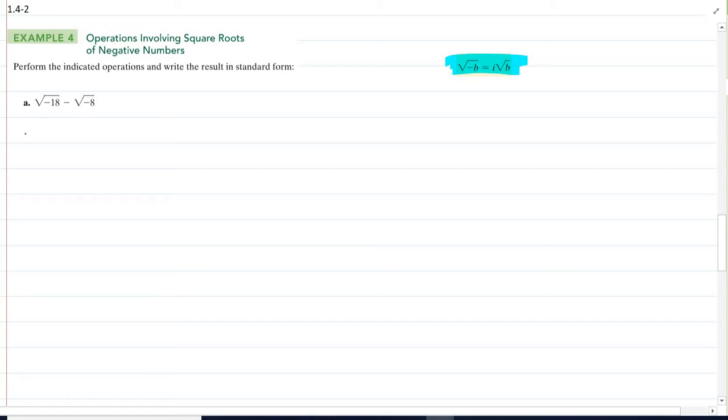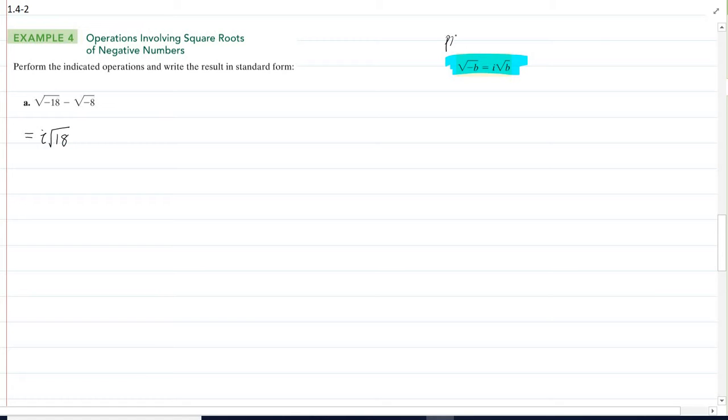Okay, so when you're dealing with this type of question, one thing you have to be really careful about is, anytime you see negative numbers under square roots, we're going to apply this. This is called the principal square root.